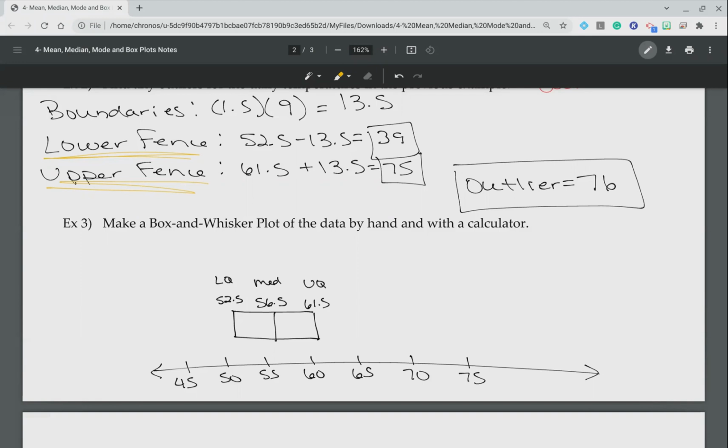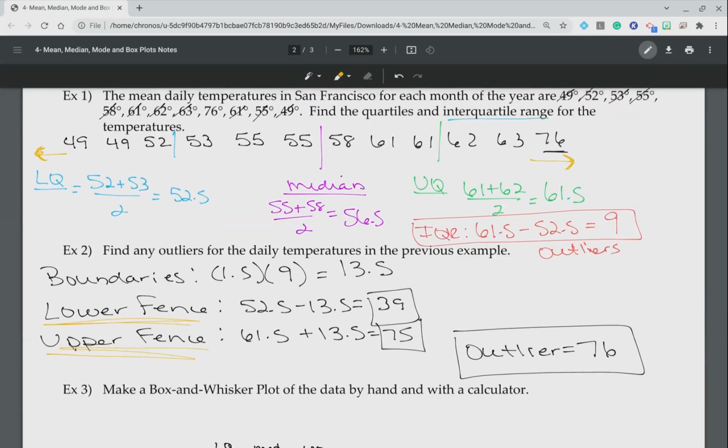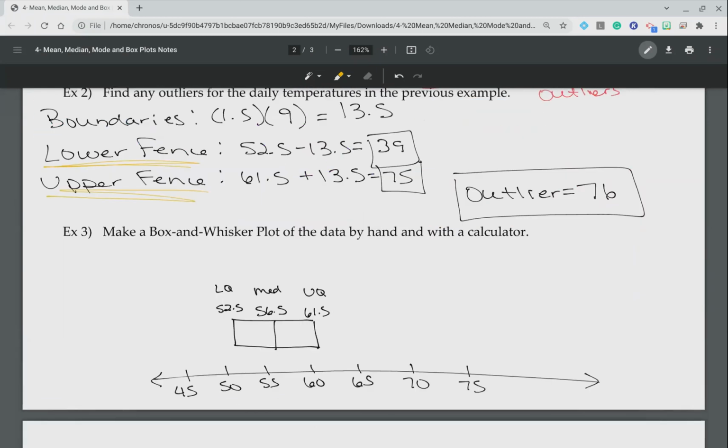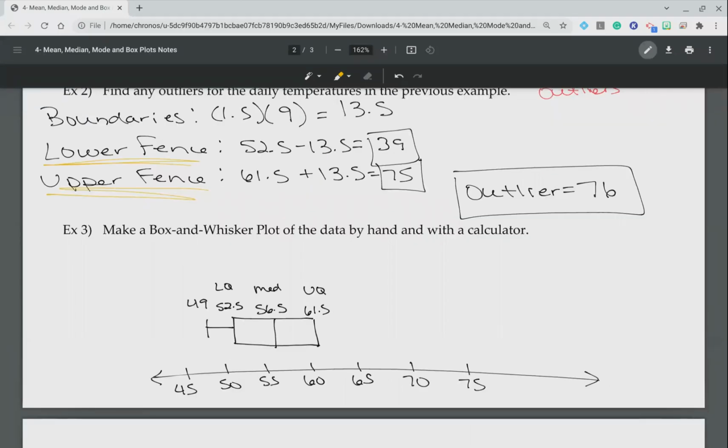Okay, then we add our lowest and highest number that are not outliers. So if I look at my set of data, my lowest number that is not an outlier is 49. So that's going to be about right here. And we just draw it like this, and that's 49. And my highest number that's not an outlier is 63. So that's going to be about right here. And those are going to make our whiskers there. And then the very last thing we need to do is add our outlier to our set of data. So our outlier was 76.